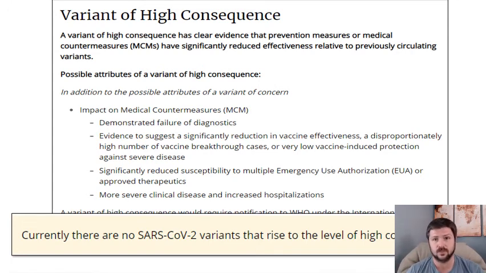It's scientifically relevant. It's definitely worth keeping an eye on, but it's not worth fretting about necessarily. Knock on wood, right? I mean, obviously, but it's not worth being overly distraught about when there are no variants of high consequence that have been identified.